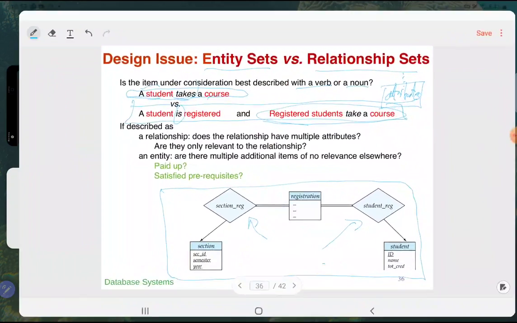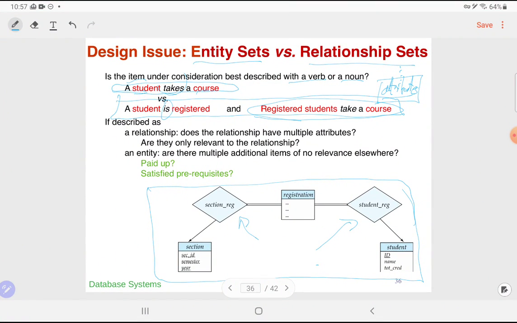That makes sense in the context of separate registrations from taking a course. A student who is registering for a specific course, so they're not a full-time student, each course is registered for separately, you're better with a three-way relationship.